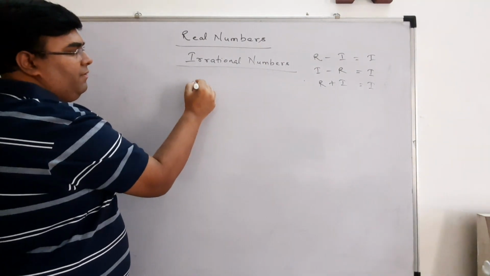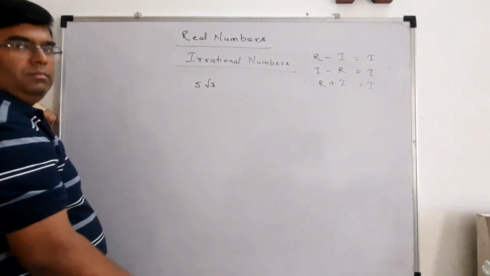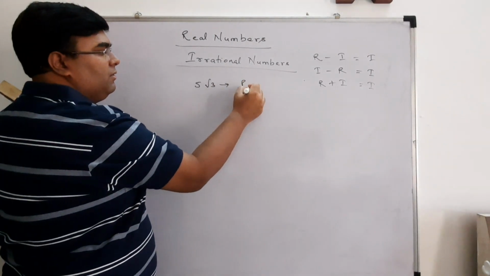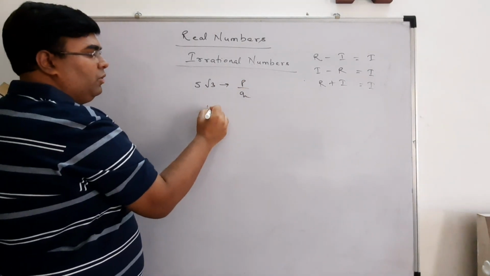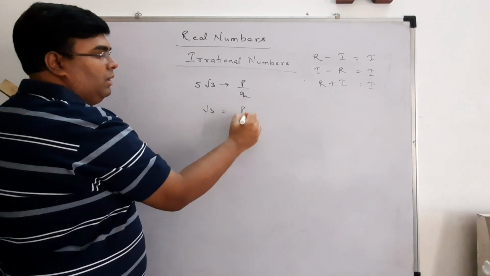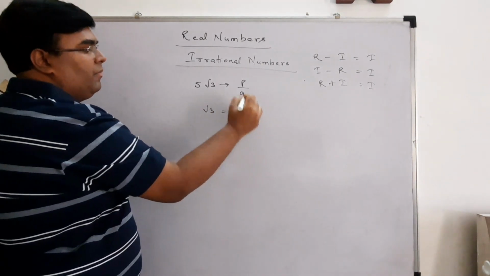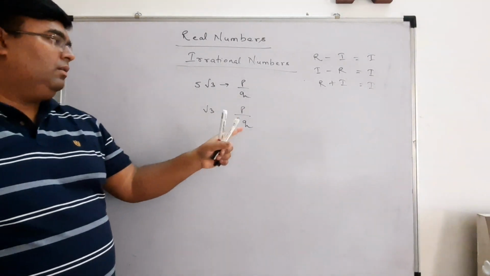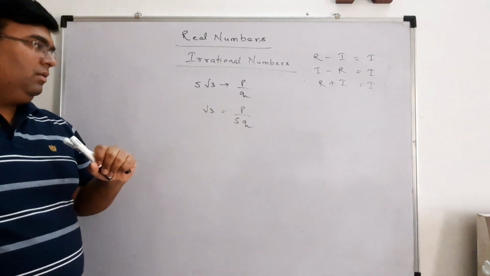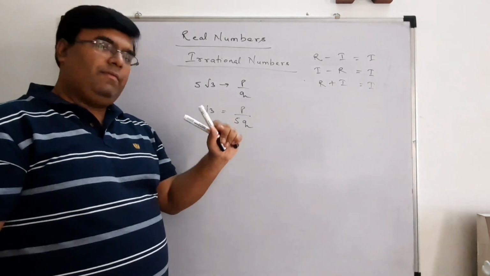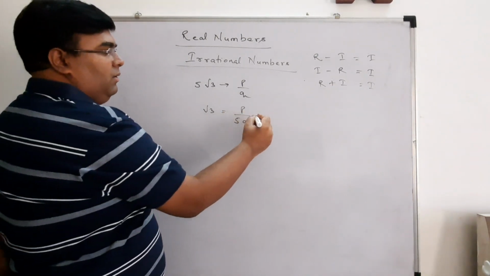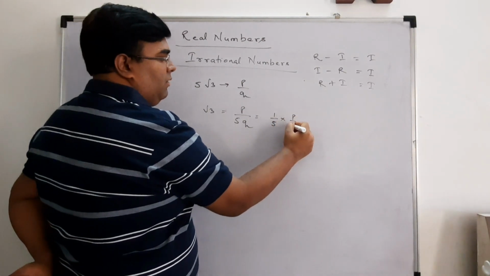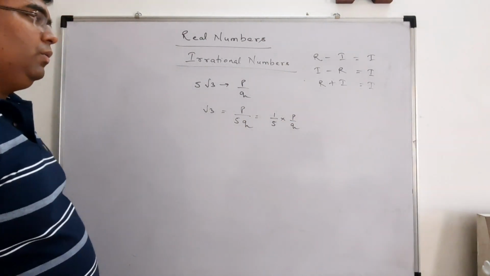Let's say 5 root 3. Again same thing. What we will do? We will take it as p by q and root 3 will be equal to what? P by 5q. 5 will come here. Now again p is my integer, 5q, or you can write 1 by 5 multiplied by p by q.